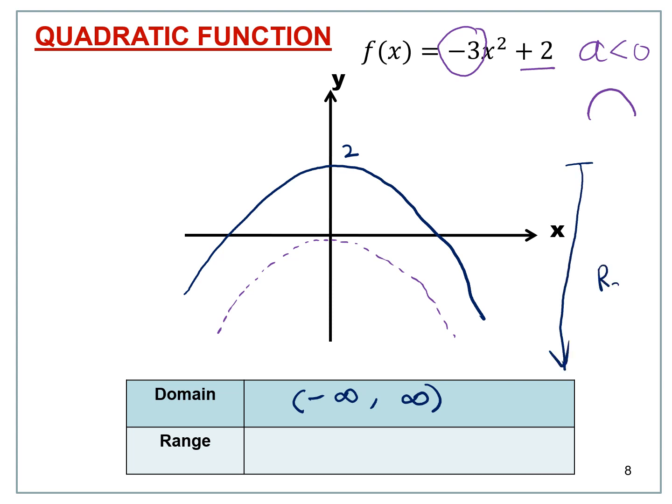So this is the range, 2 and below. We start from 2 as the highest, so 2 closed, and the smallest one is from -infinity. Or we can write y less than or equal to 2.